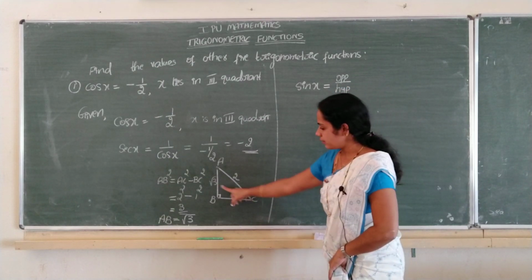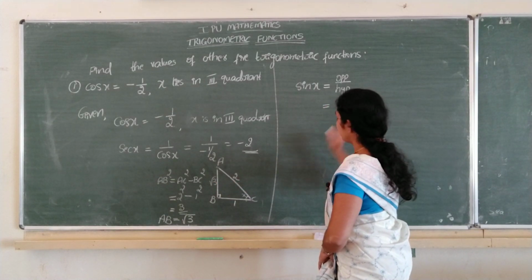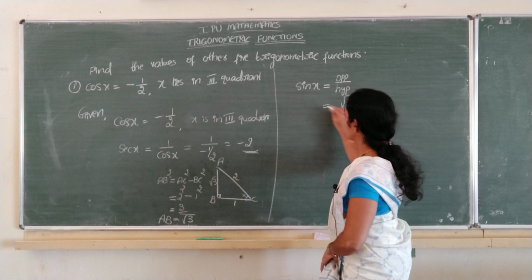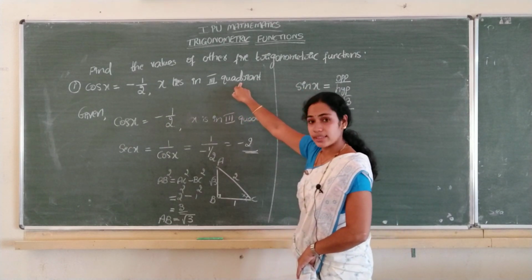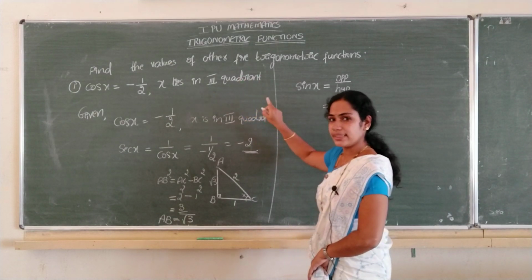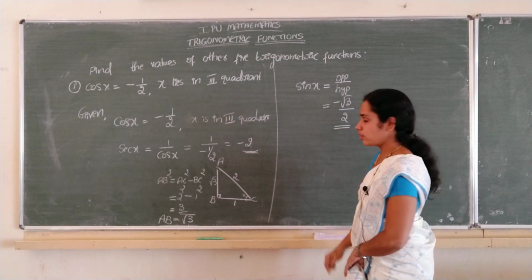What is opposite? Root 3 divided by hypotenuse is 2, but where x lies? X lies in third quadrant. In the third quadrant, sine is negative, so we have to put minus sign, okay?